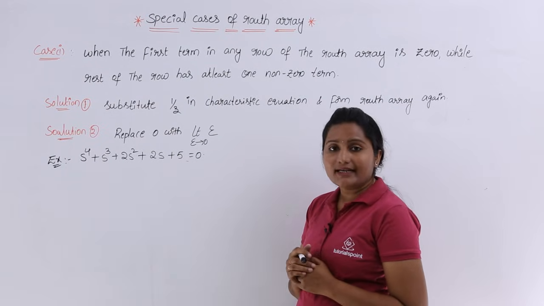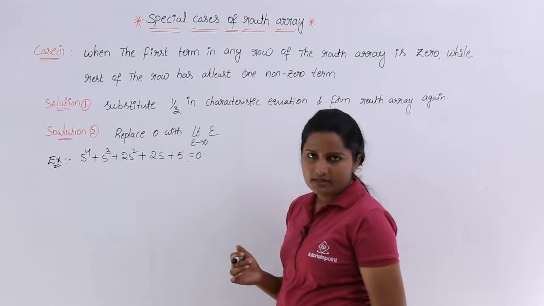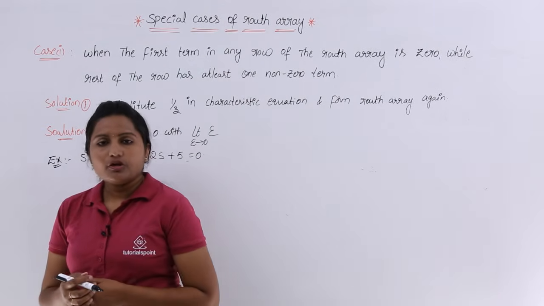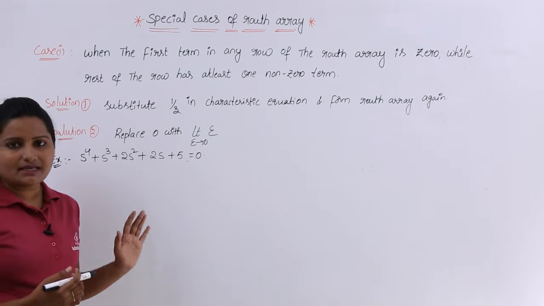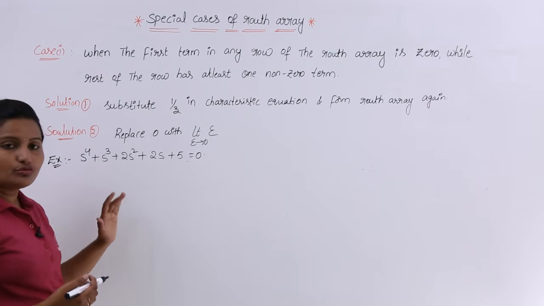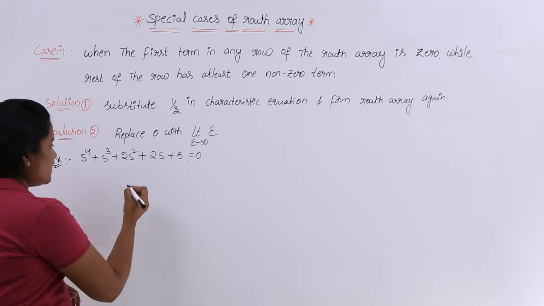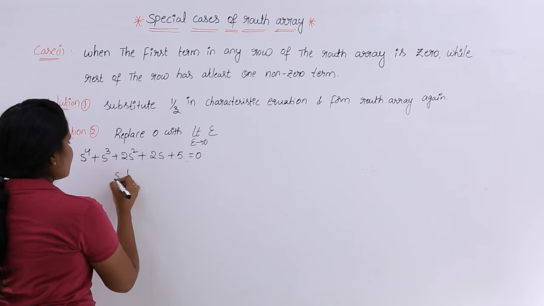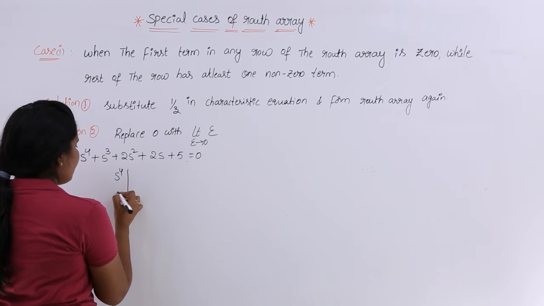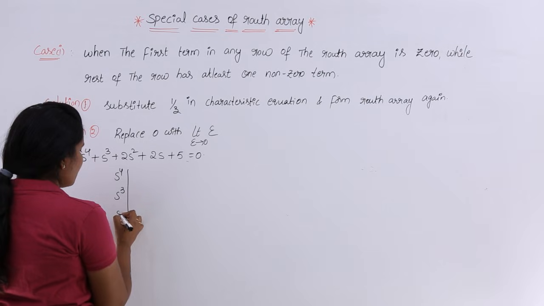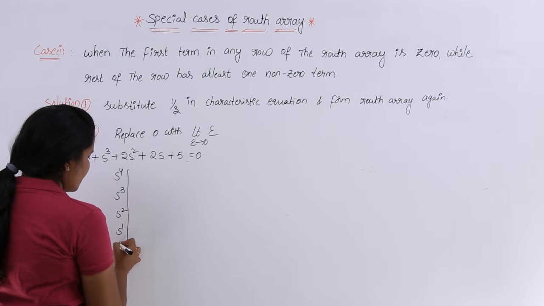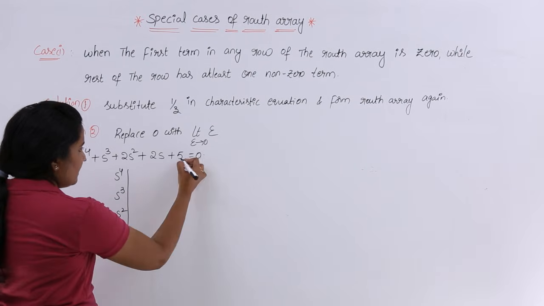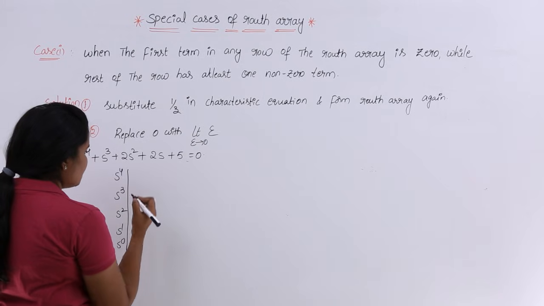This is the characteristic equation defining a system. Generally, to justify the stability of the system, we draw the Routh array. From the maximum power of s to the minimum power, we consider s^4, s cube, s square, s power 1, s power 0. At s power 0, the constant term we need to consider.